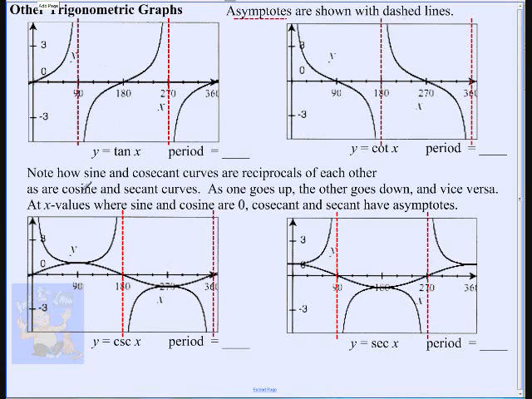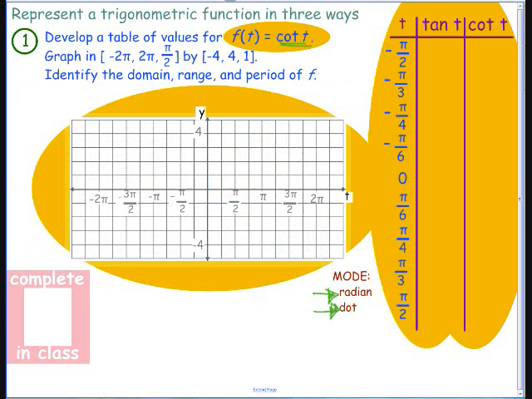I think we've seen this slide before, haven't we? It's just making note of where the asymptotes fall. And when you do your graphing, you're going to represent those with dashed lines. So back here where you do cotangent, by the way, you're working with the parent here. This is the parent function, the simplest possible one.